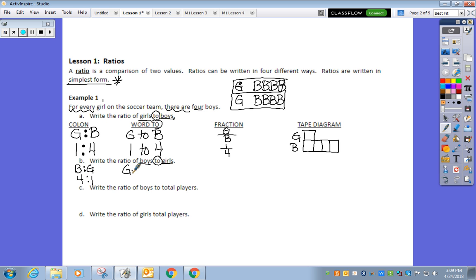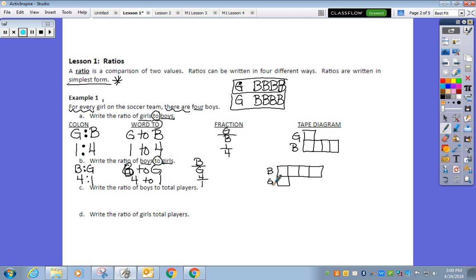I can do it with the word to, boys first. Boys to girls, or 4, the word to, 1. With the fractions, that would be boys over girls, or 4 over 1. And then with the tape diagram, it would just put the 4 on top and the 1 on the bottom.